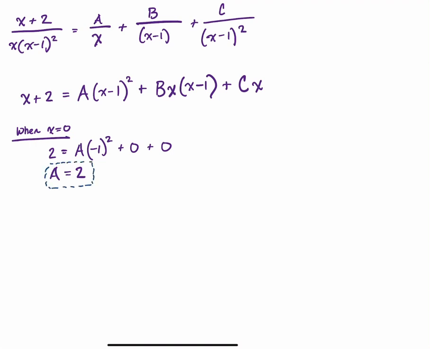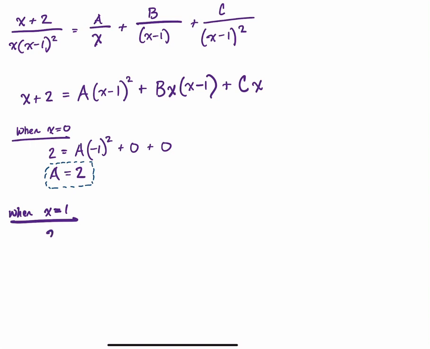So let's come back and see, is there another number we can plug in that will delete 2 terms and leave 1? And it's useful just to look at these factors. It looks like a and b both have a shared factor of x minus 1. So if we plug in positive 1, it should delete the a and b term and keep the c term. So let's do that. When x equals positive 1, that'll give us 1 plus 2 on the left side.